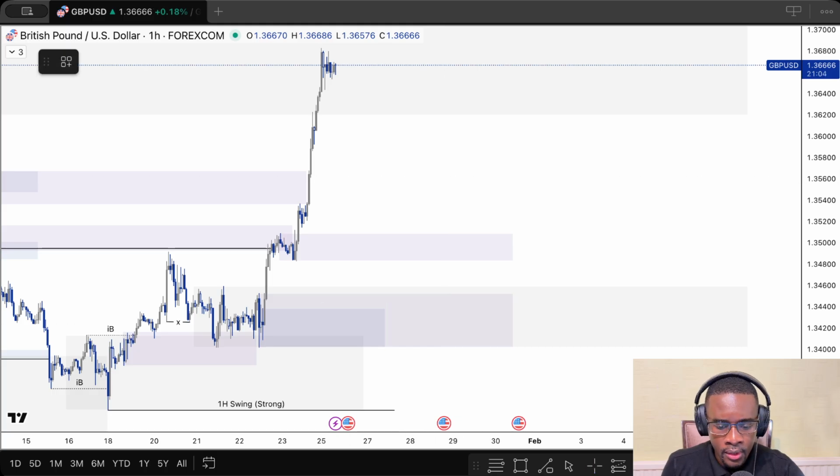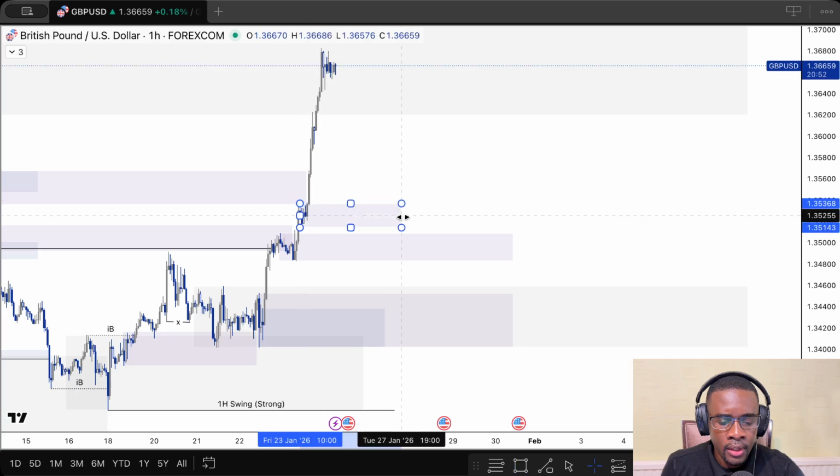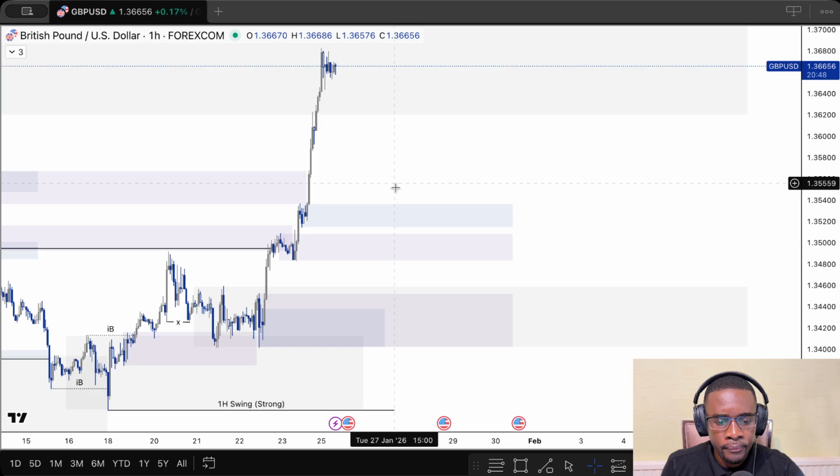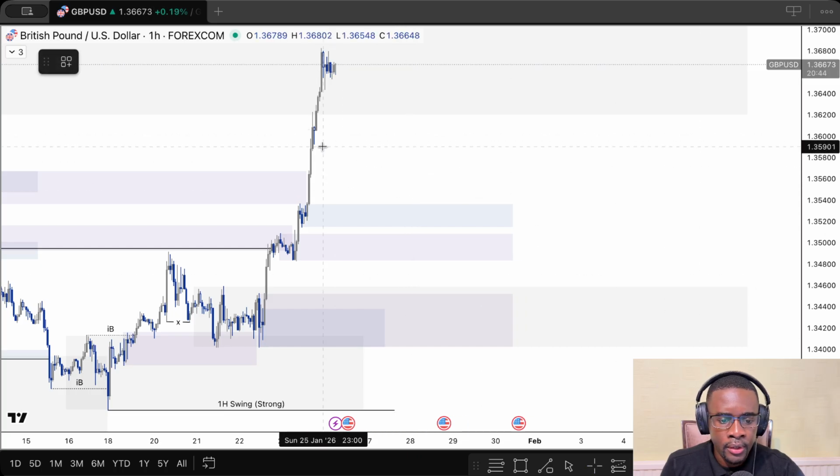And then we have a POI right there. On the 1-hour, of course, we have structure that's more formed here, so I will consider that on the 1-hour, because we do have this POI again at the top here.